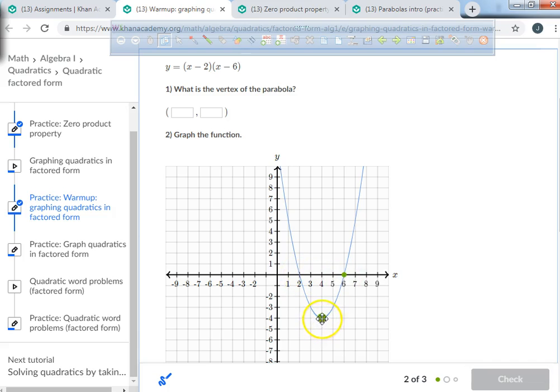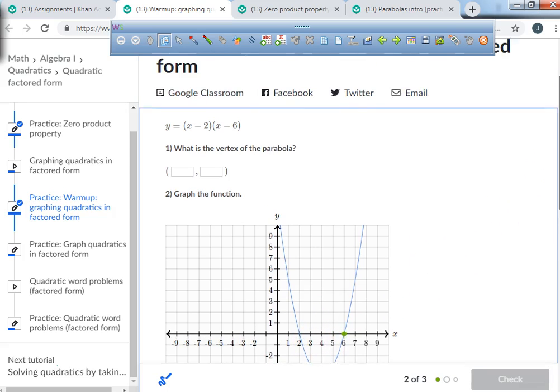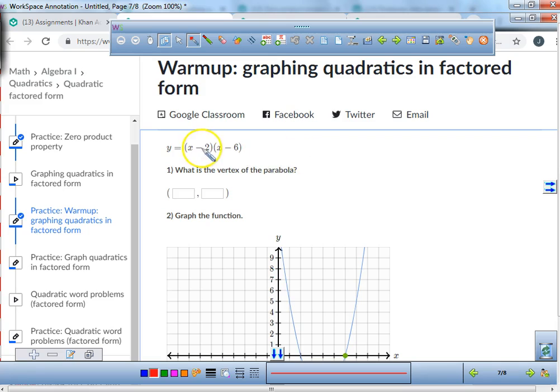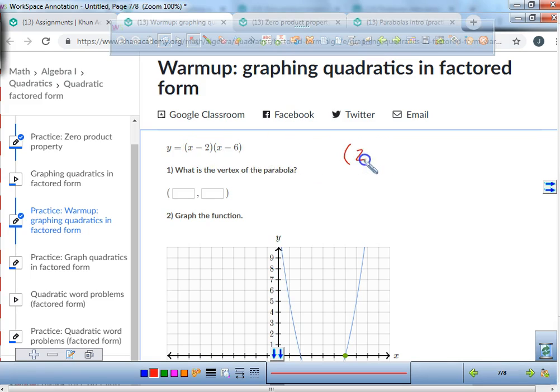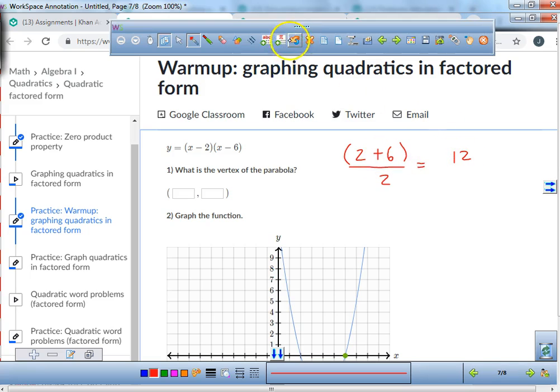It is 4. Listen, you guys got the vertex, the roots stay the same. The vertex can be wider or more narrow. So yeah, it is definitely 4, negative 4. Okay? Alright, now, what can we do to make sure we got it right? Well, take a root, add the other root, divide it by 2, we get what? 8 over 2. 8 over 2 is 4.